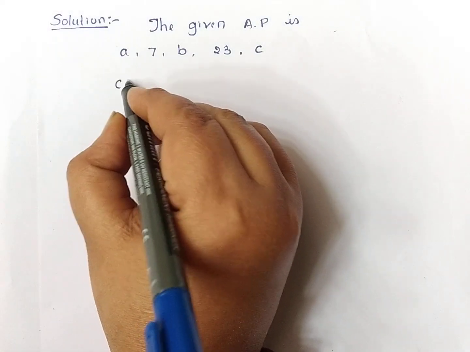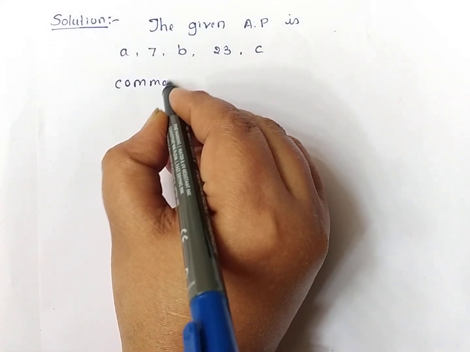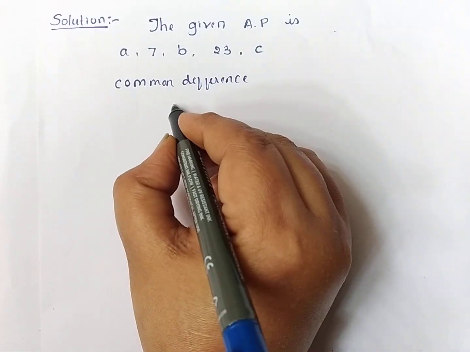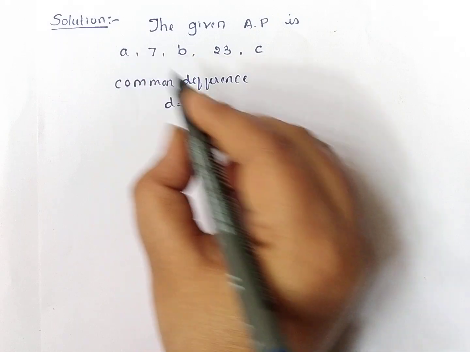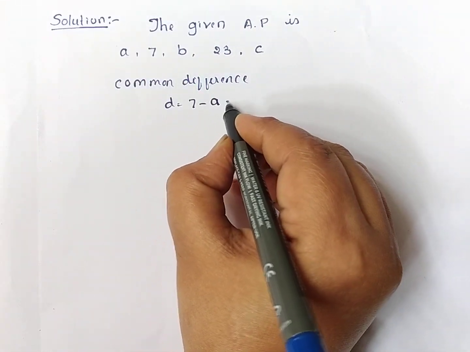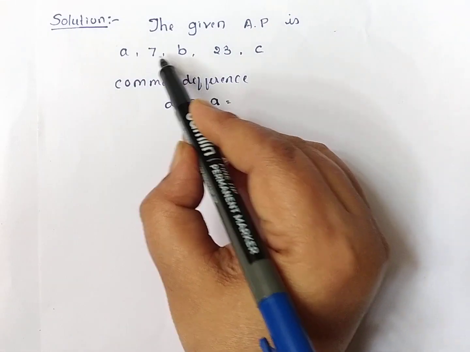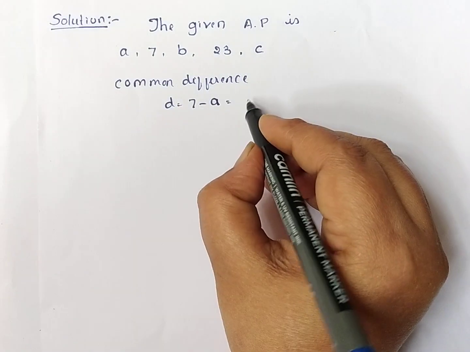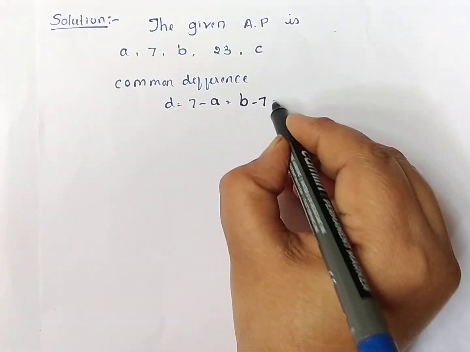Therefore, common difference d equals a2 minus a1, that is 7 minus A, and a3 minus a2. This common difference is also equal to B minus 7.